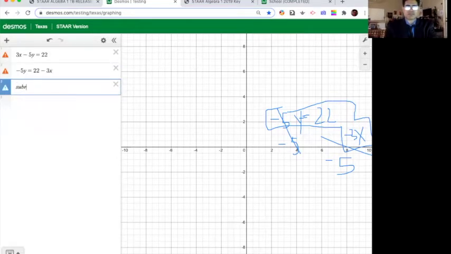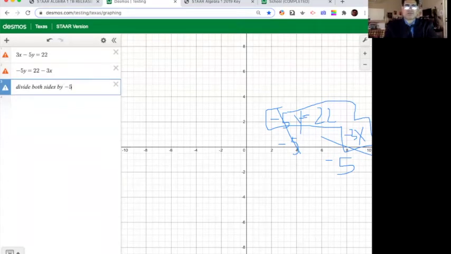Divide both sides by negative 5. Excuse me, divide both sides by negative 5.